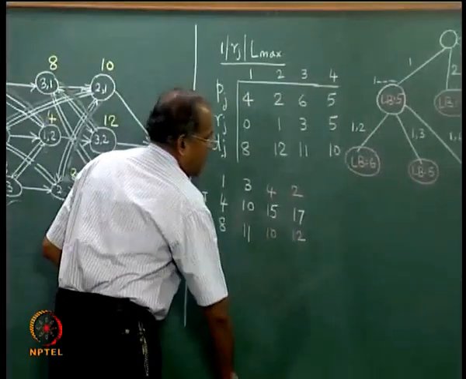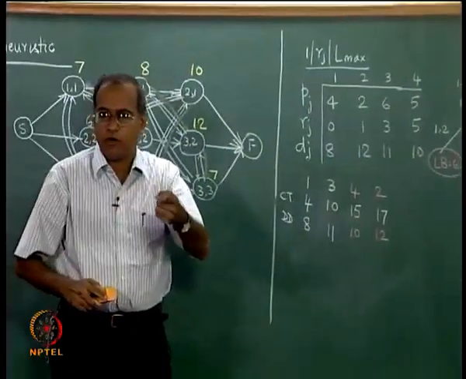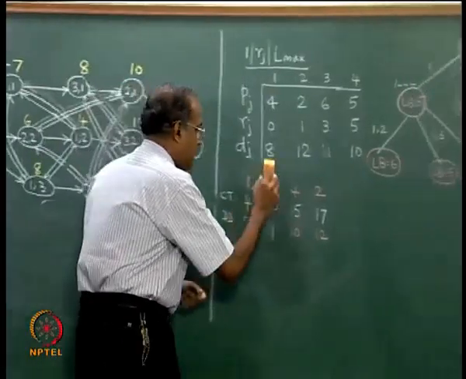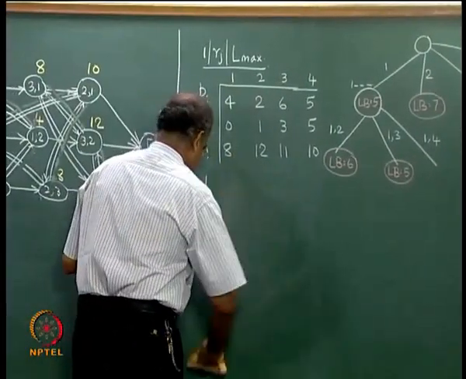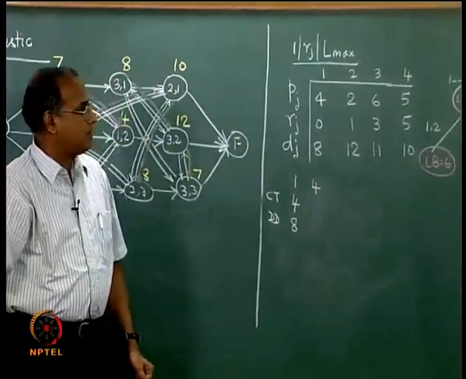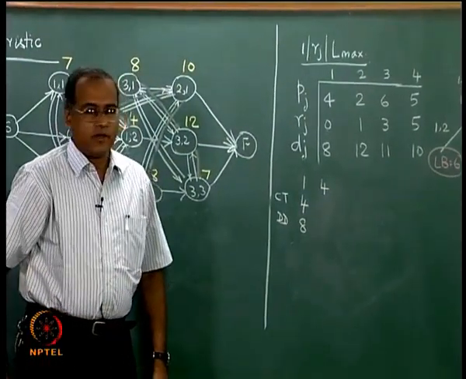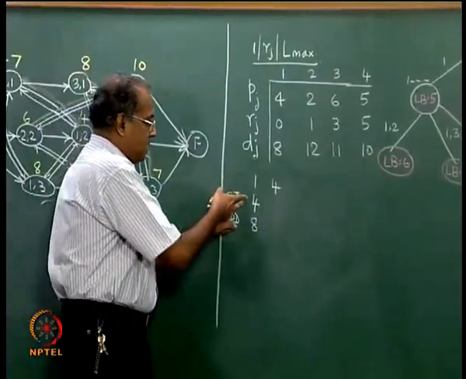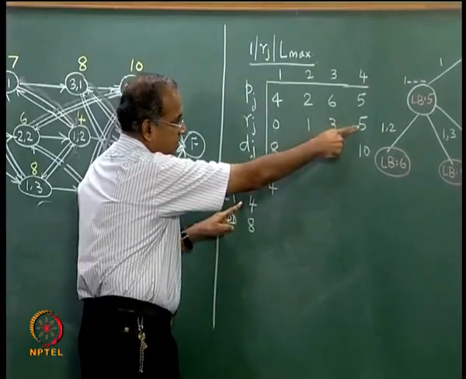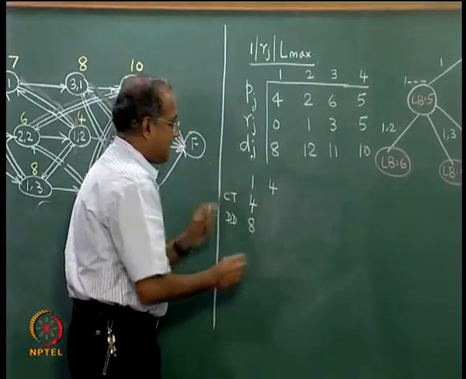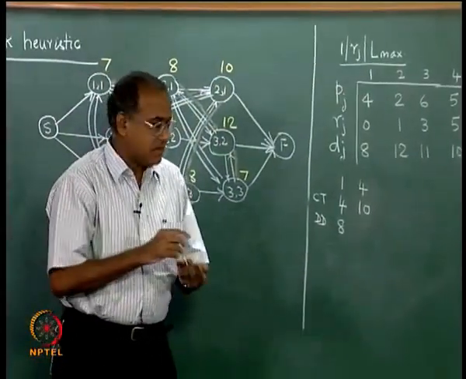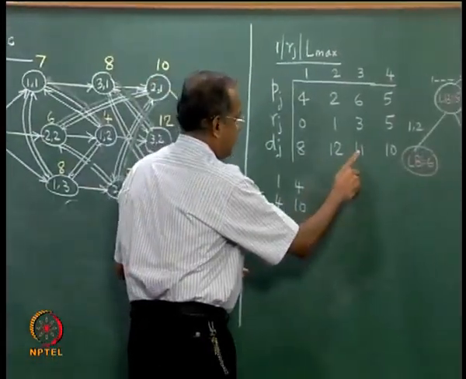Now there is actually a way by which we need not do 1 4, but let us try and do 1 4 and understand, maybe we need not do it. So we look at 1 4 here. Now when we do 1 4, this is at time equal to 4. So this has to wait for another 1 minute. So it takes it at 5 and finishes at 10. Then by the EDD rule I have 3 and 2.